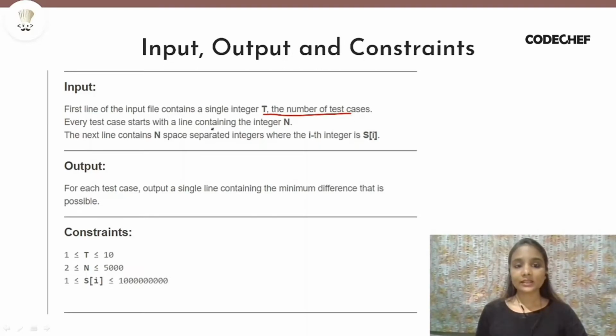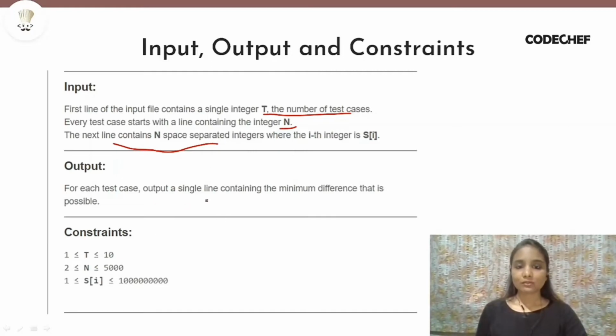From the second line onwards, it will be the input for each test case. Each test case will have n, which is the number of horses, followed in the next line by a single spaced array in which all the skills of each horse will be given.